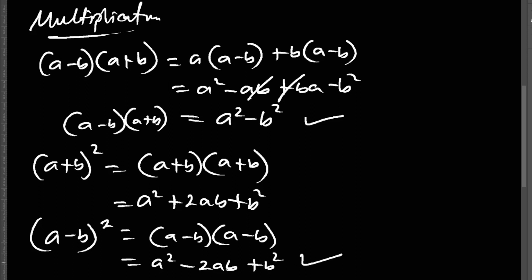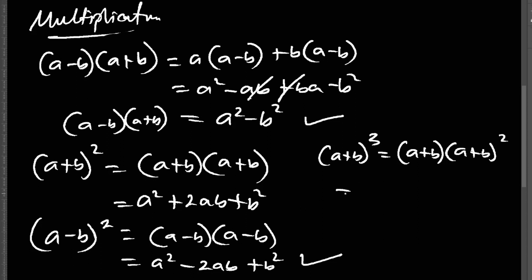So this is another identity. Also, you can have a plus b to the power of 3. This is the same thing as saying a plus b into bracket a plus b all square. Remember we've expanded this before, so you can replace this with this.